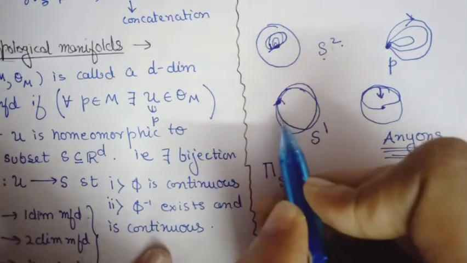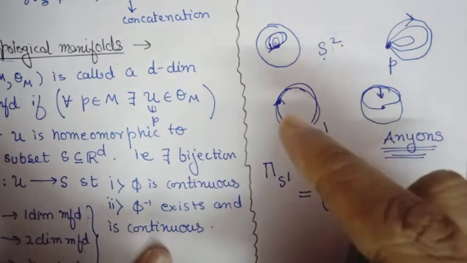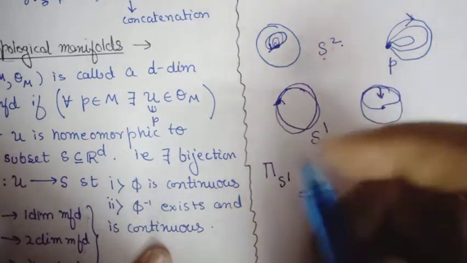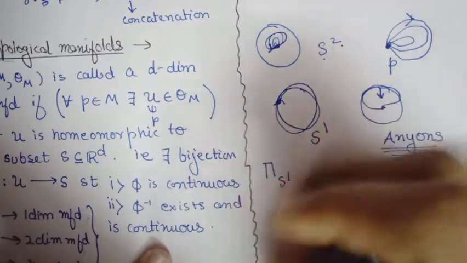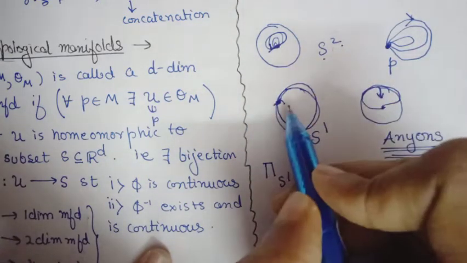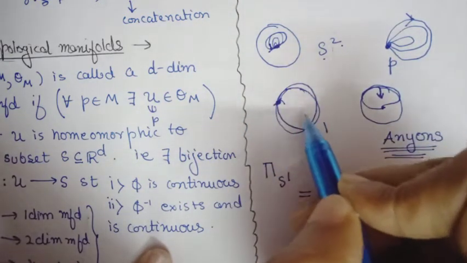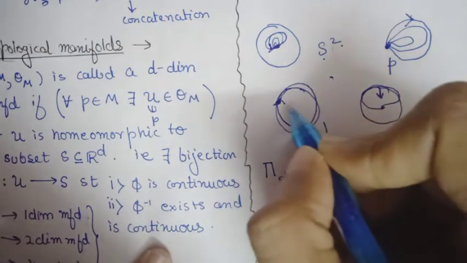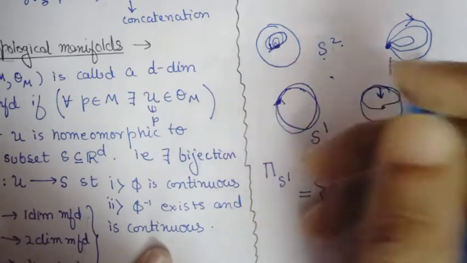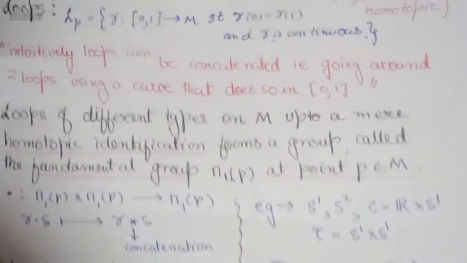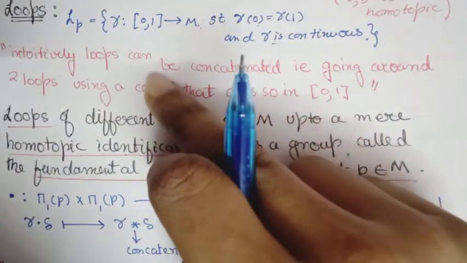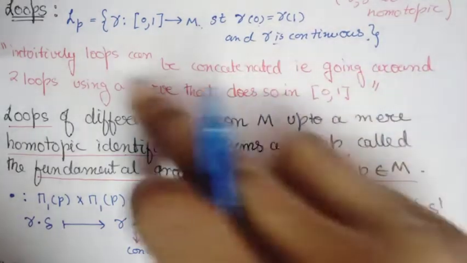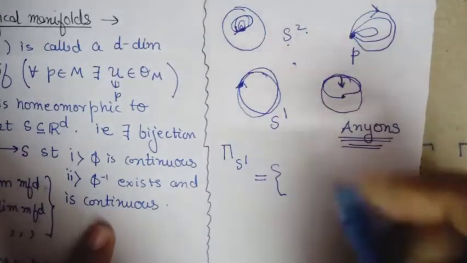If I go around anti-clockwise 1 time, that is a -1 loop. If I go around anti-clockwise 2 times, that is a -2 loop. If I concatenate 1 time looping with 3 times looping, where concatenation is just traversing the loops at once, then I will reach 4.